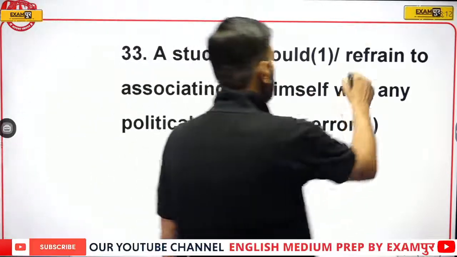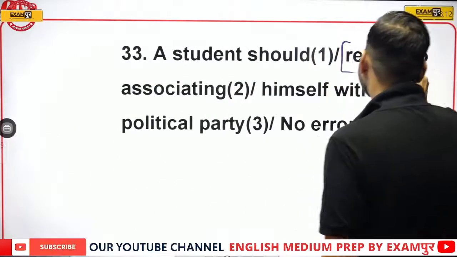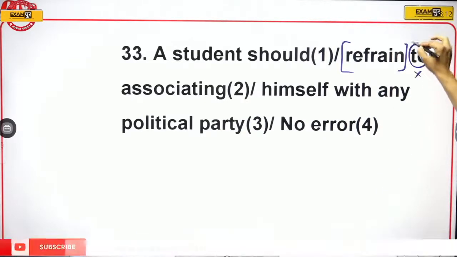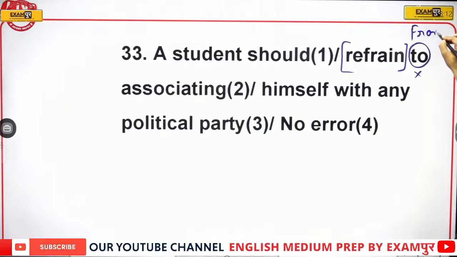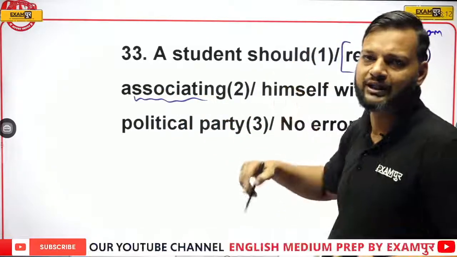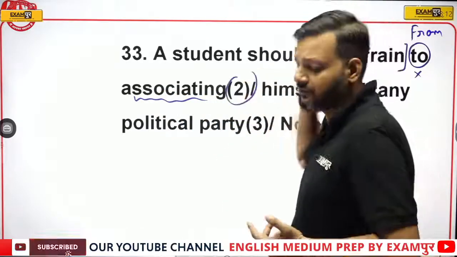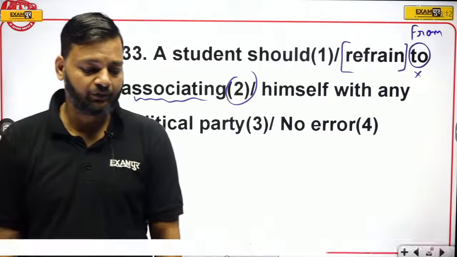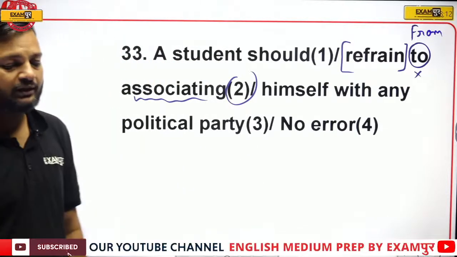So here we have the word refrain, which must be followed by from. So here in place of to we need from, right? And from is followed by ing form. So ing form is already given, so no need to change it, right? So the error is in the second part. Refrain from. Okay, refrain from associating.